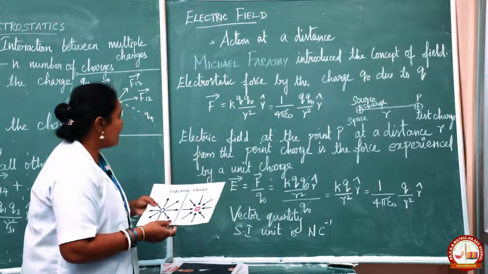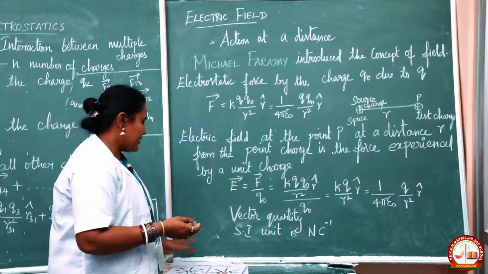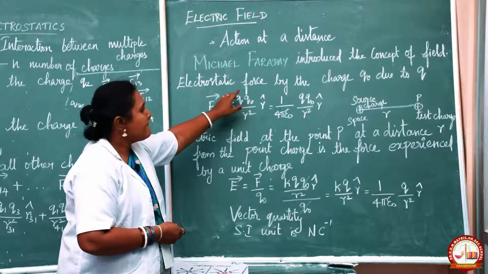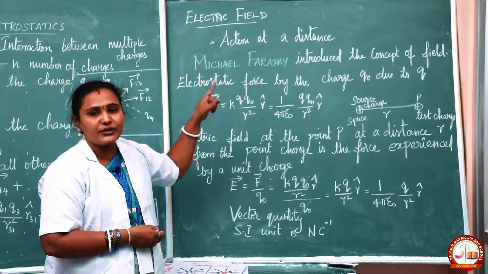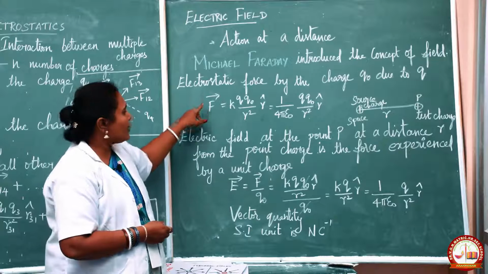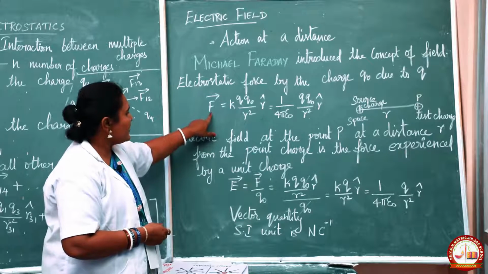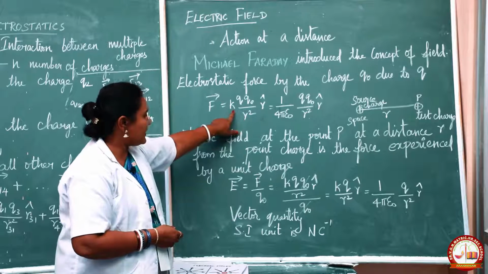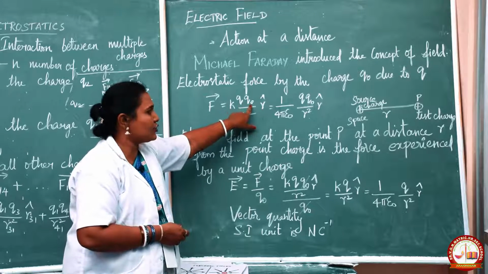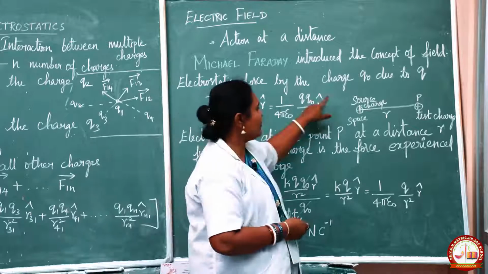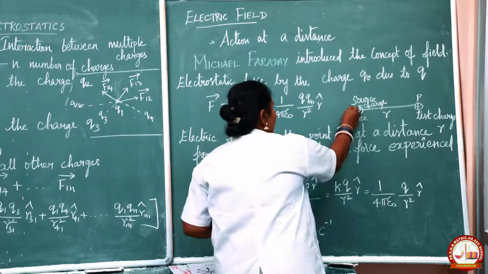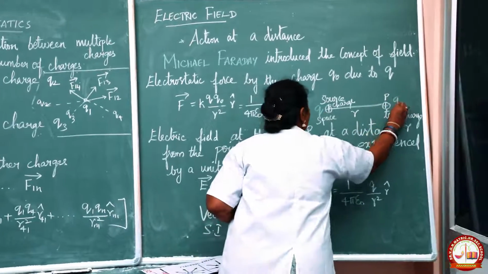To define the electric field, consider the electrostatic force on the charge Q naught due to the charge Q. According to Coulomb's law, F vector is equal to the proportionality constant times Q and Q naught. Here I have shown a diagram. This represents Q and this is Q naught.